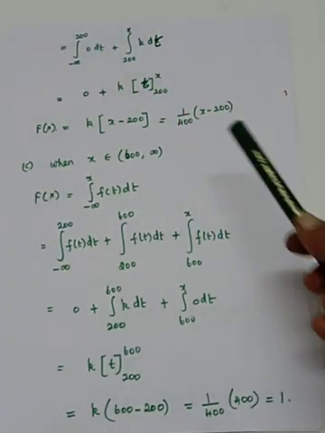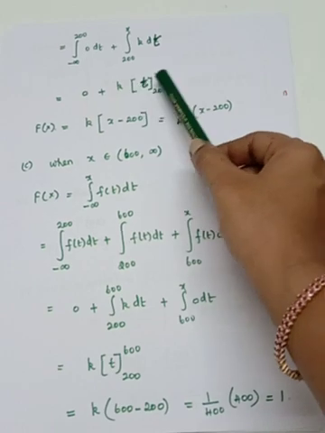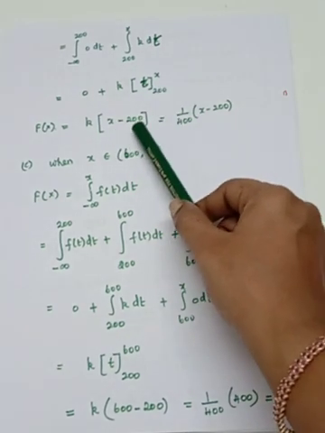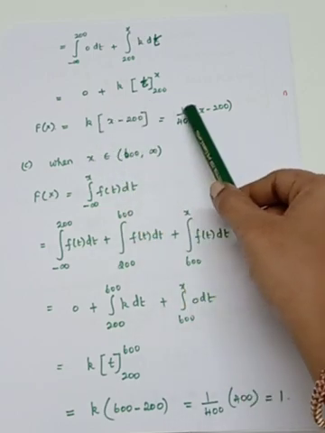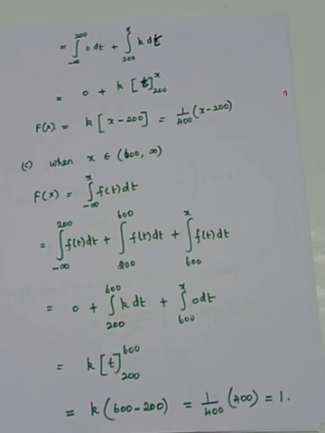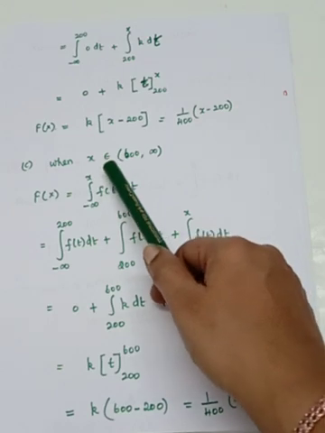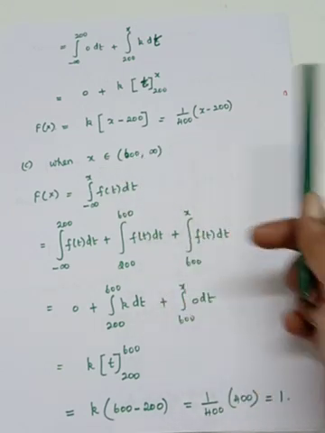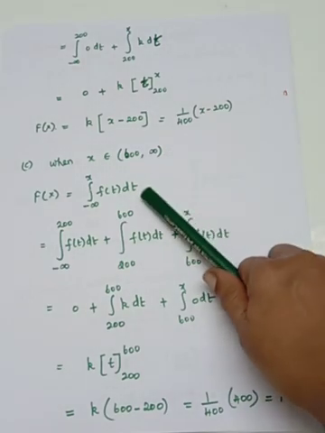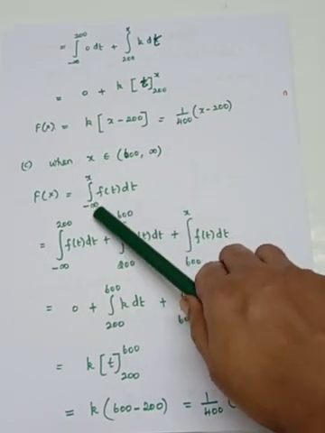Okay, if you apply the upper limit, it is x minus, if you apply the lower limit, it is 200. So k value is 1 by 400 into x minus 200. So second case is over. Next we have to find out the case 3, x belongs to 600 to infinity. It is more than 600. So here we have written the formula. So starting from where you have to start?